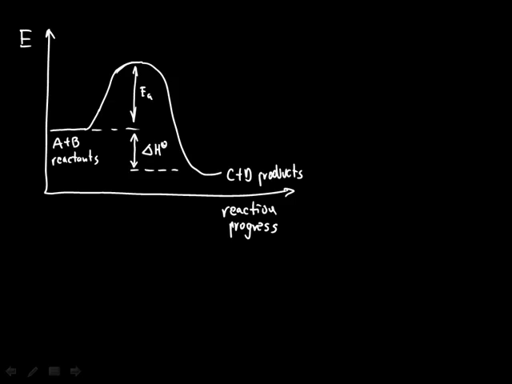Okay? Now the points of interest in this reaction energy diagram are clearly the starting materials and the products, but also this point, which is the maximum of this curve.